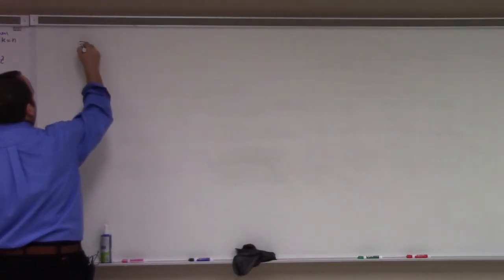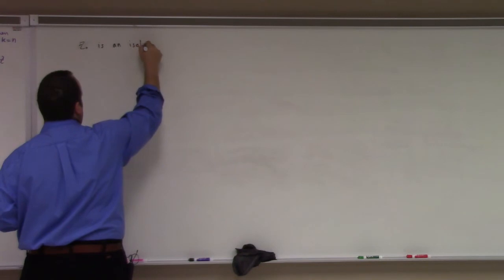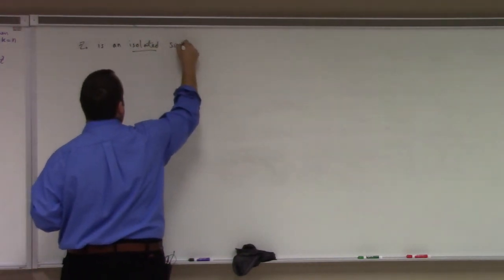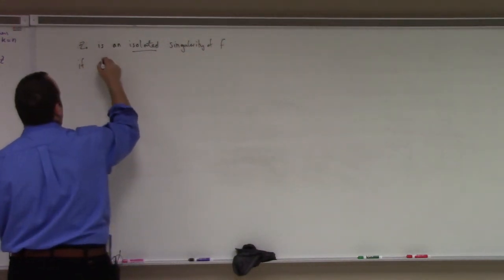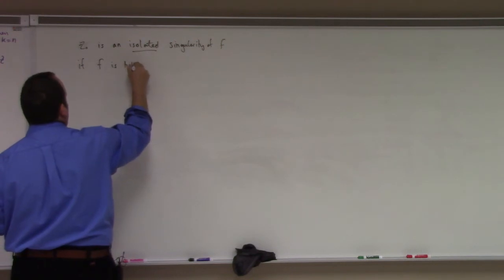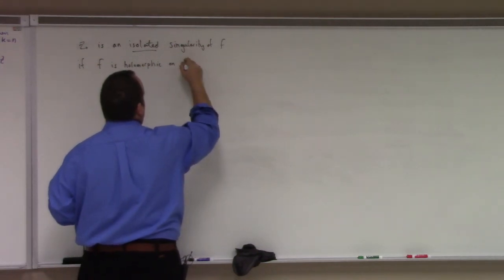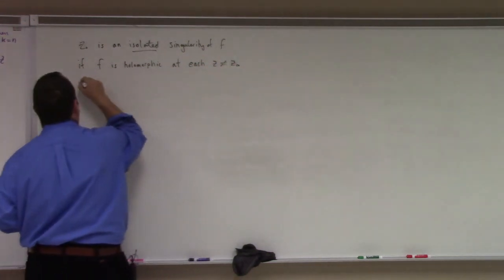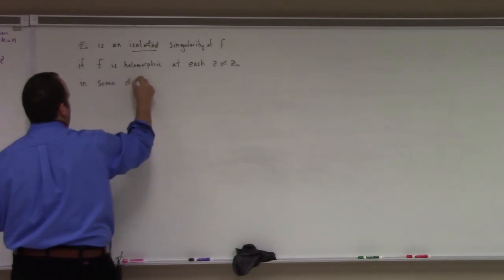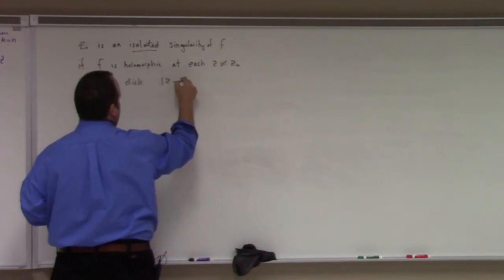So z naught is an isolated singularity of f if f is holomorphic at each z not equal to z naught in some disk, modulus of z minus z naught less than epsilon, right?